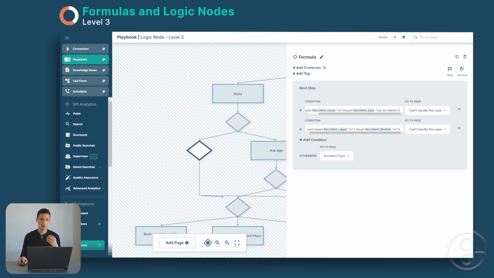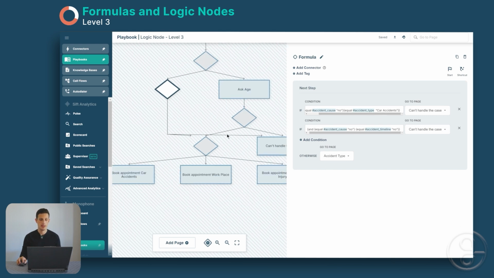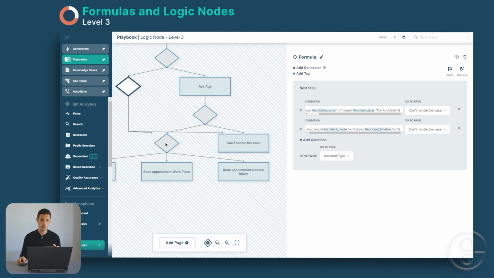If it was not caused by another party and it was not within 2 years, then they can handle that case. So here you can see you can be very specific on the qualifications of the caller if you would like.